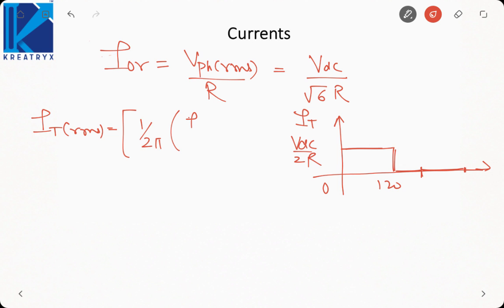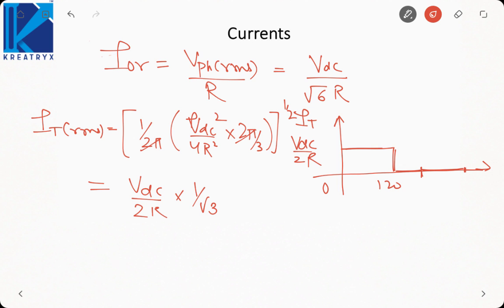We will take VDC square by 4R square into 2 pi by 3. Okay. So it will come out to be VDC by 2R into 1 by root 3. That is VDC by 2 root 3R.